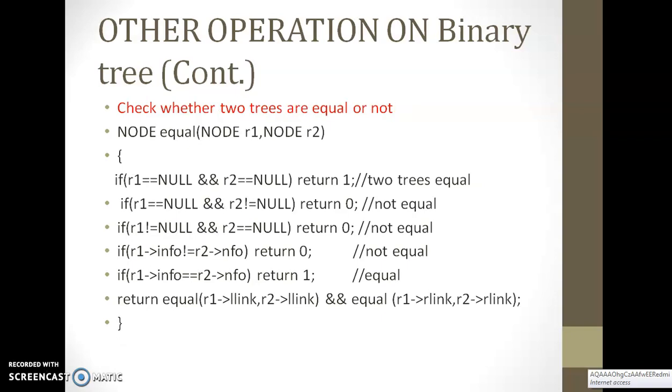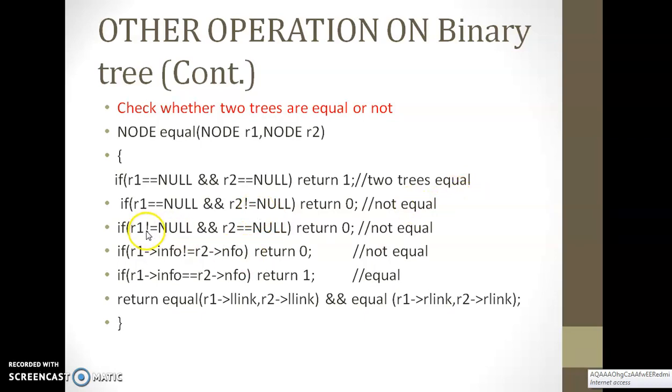Now to check whether the two trees are equal or not, we compare both the trees. Root 1 for the first tree, root 2 for the second tree. If both roots are null, that time both the trees are empty, and we can say that the two trees are equal. If root 1 does not contain any element but root 2 contains some element, that time they are not equal.